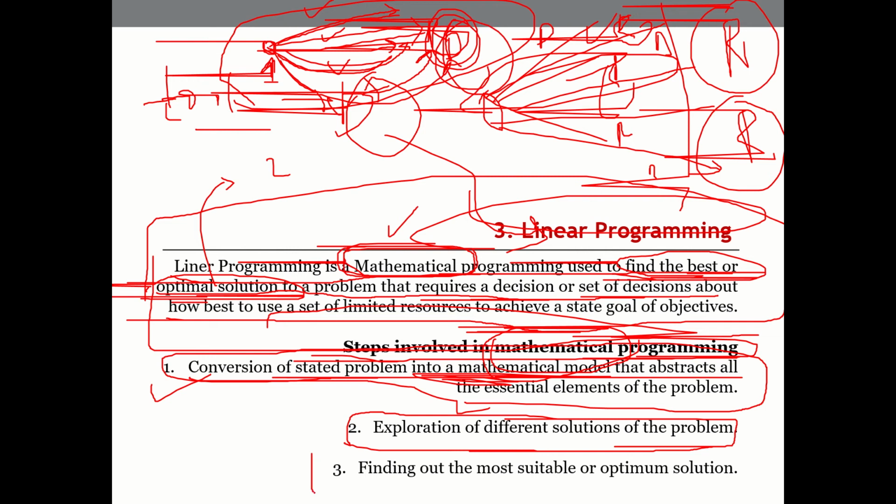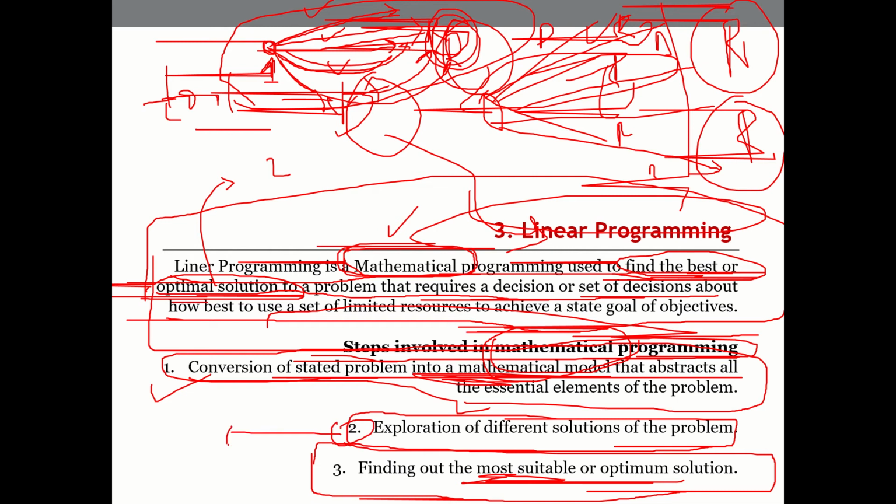Third, finding out the most suitable and optimal solution from the alternates. Even in the second step, this is more like an option. It is not a solution or a decision, but a set of alternates. You can use route 1, route 2, route 3, route 4.